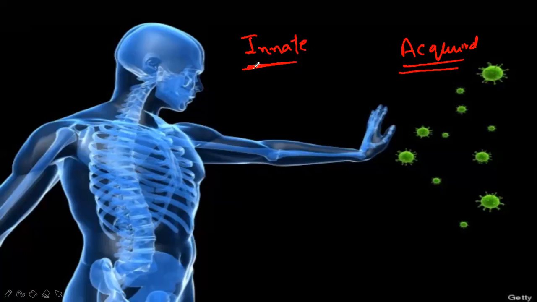So what are the components of innate immunity? I will give you examples. What are the parts here? Skin. Skin is part of innate immunity. Skin does not allow bacteria to enter your body. Skin gives protection. Then mucosa: oral mucosa, GI mucosa, respiratory mucosa, reproductive tract mucosa, the mucosal layer.